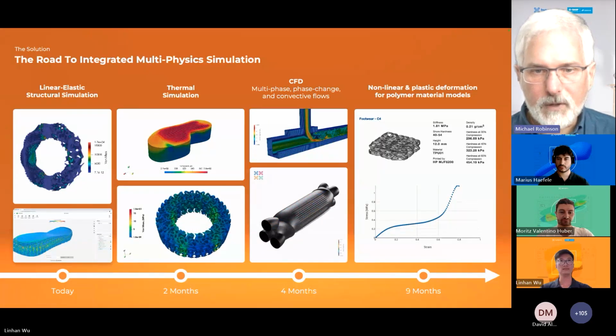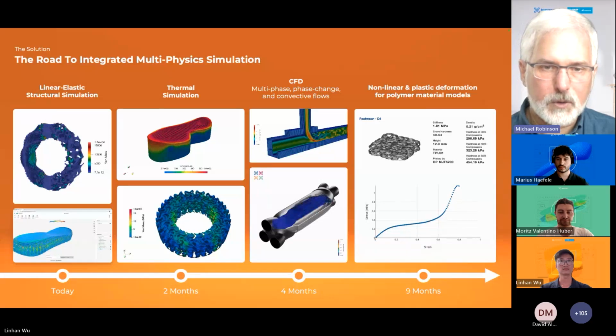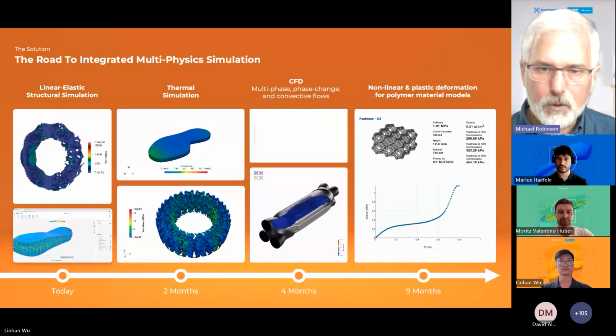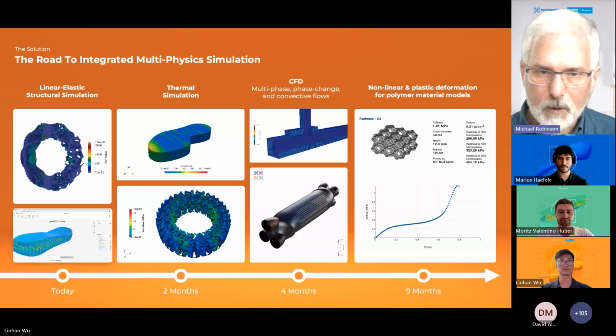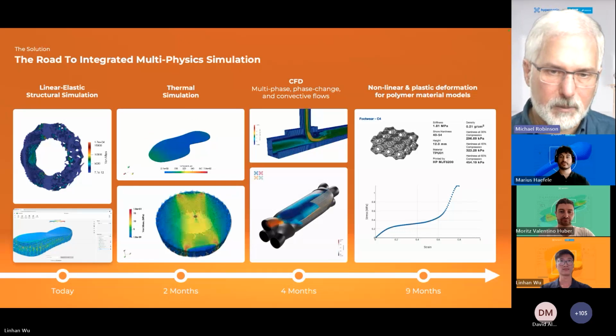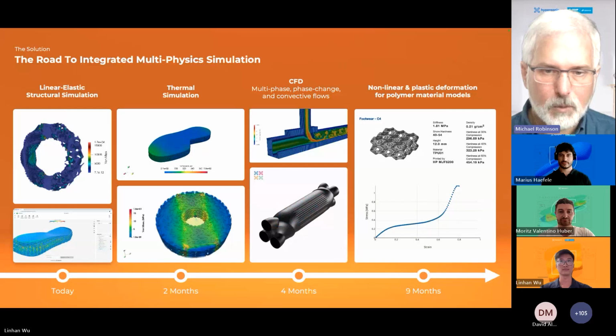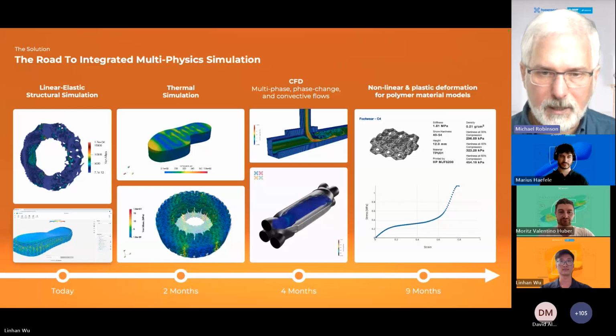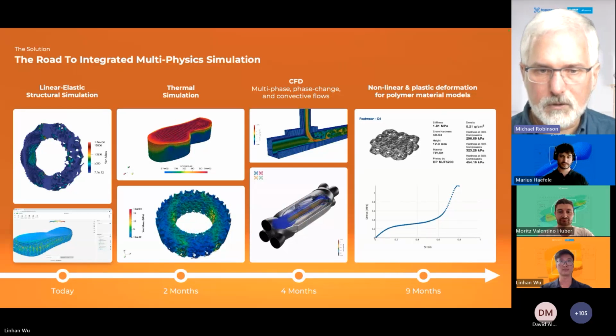Next, we're developing our own Lattice Boltzmann fluid dynamics implementation, which we are already using internally. We plan to integrate this CFD capability in HyDesign in approximately 4 months. This will include thermal analysis, convective flows, multi-phase flows, and phase change evaporative cooling.